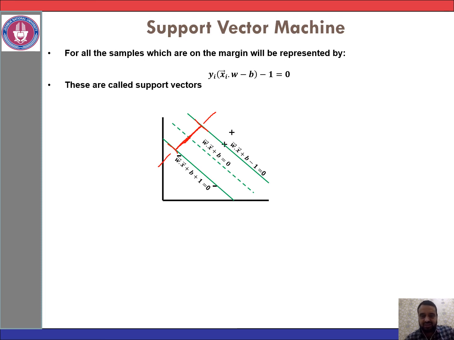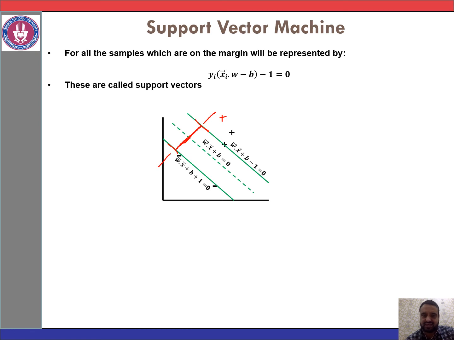The samples which lie on this margin line, the positive side, belonging to the positive class, will be represented by w dot x plus b minus 1 is equal to 0.